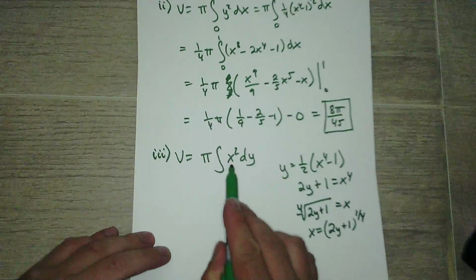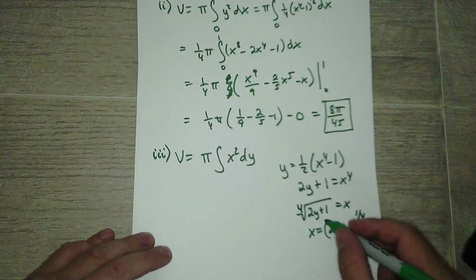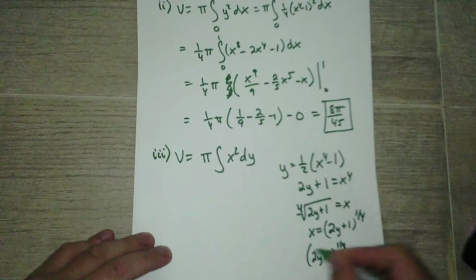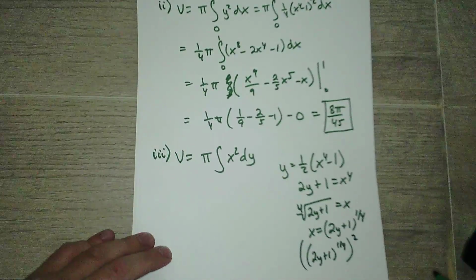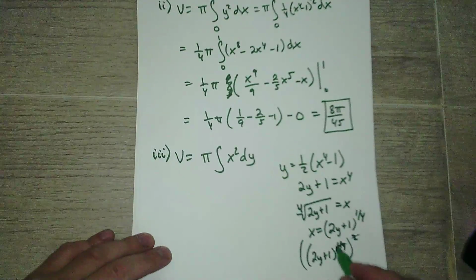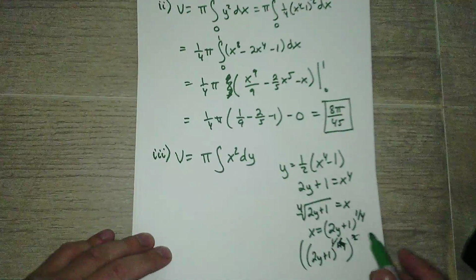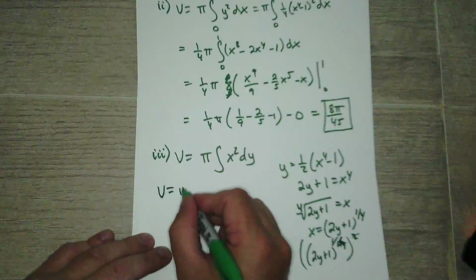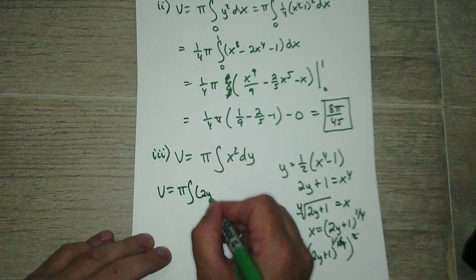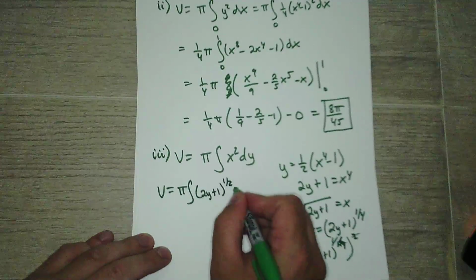Now, I have to square it. So when I square this, remember, when you have a power to a power, you just multiply. So that just makes this whole thing to the 1/2. So my integration is 2y plus 1 to the 1/2.